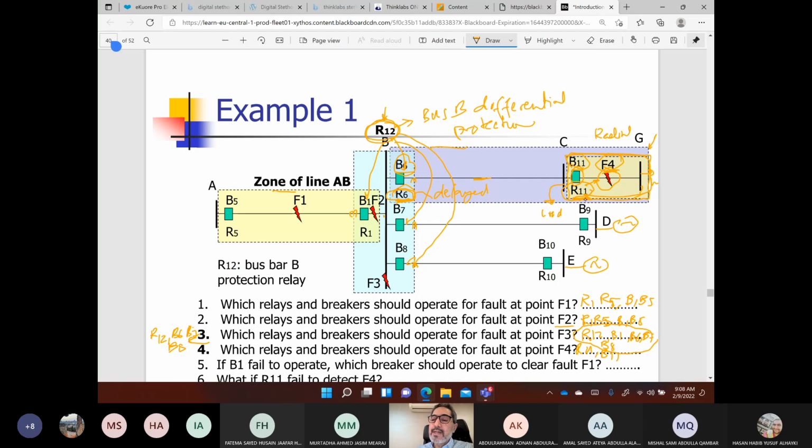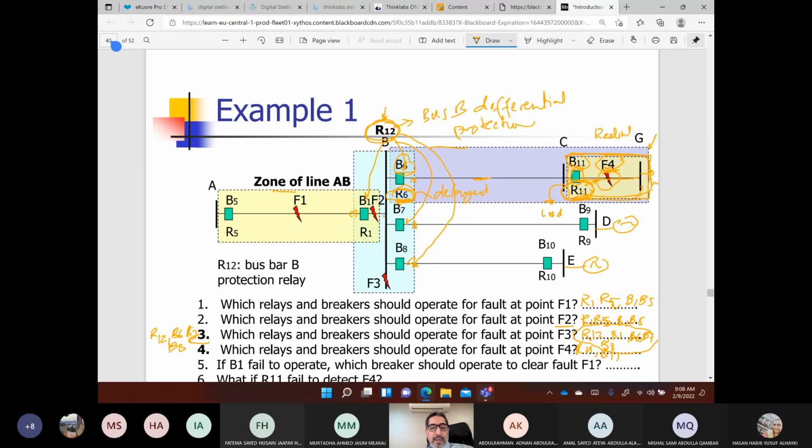So we call R11 the primary protection for detecting and isolating faults within its zone. But we have backup for R11 failures, in which R6 acts as a remote backup for R11.